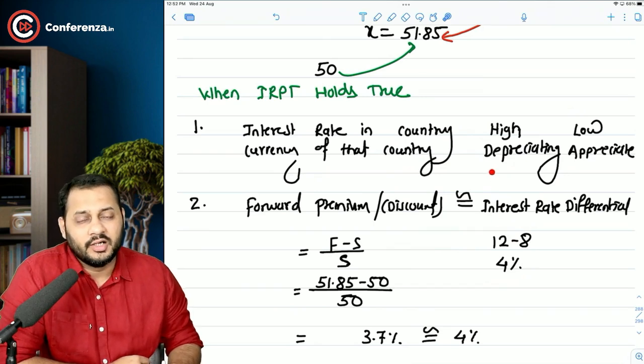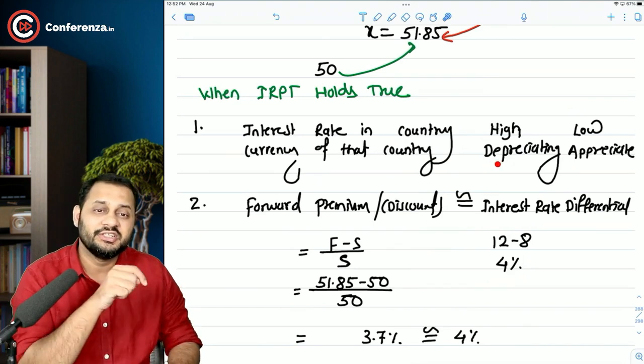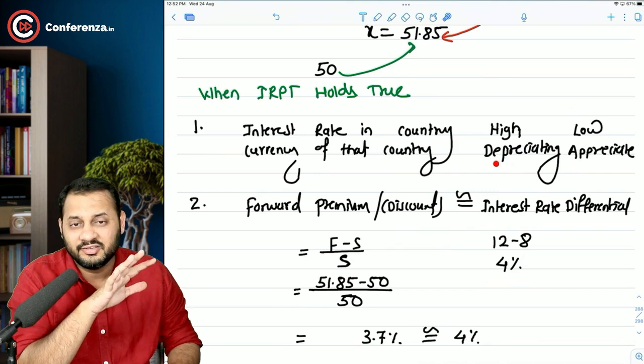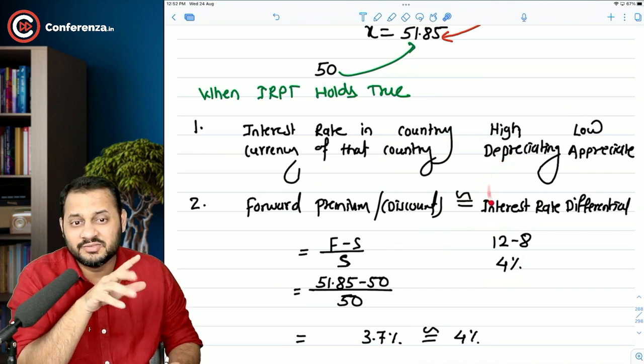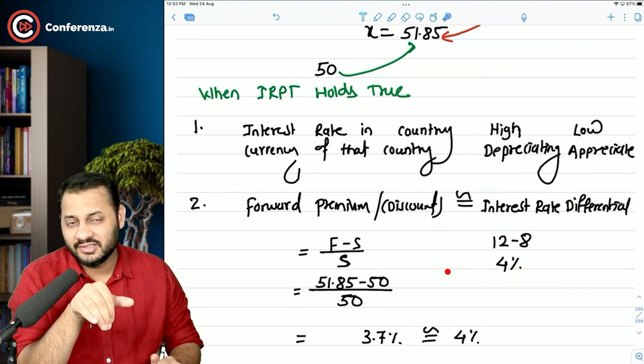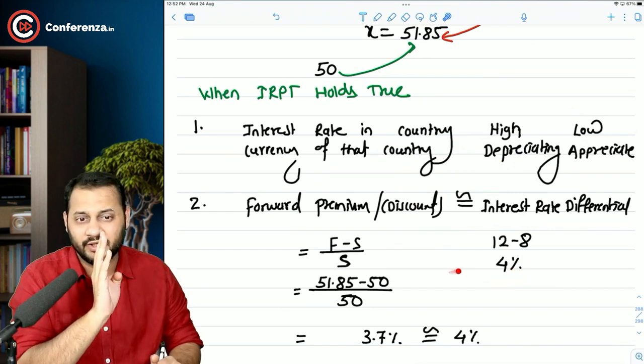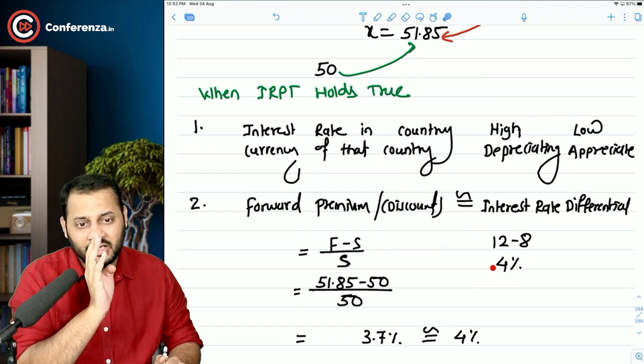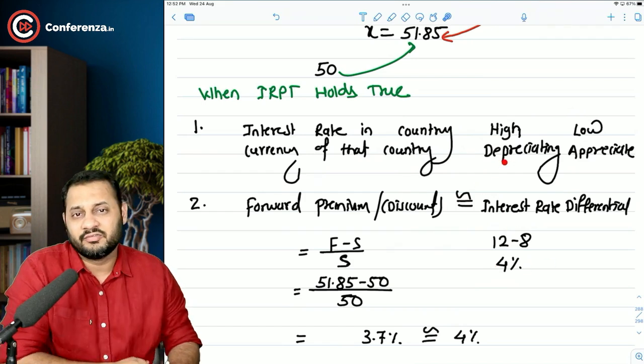So, understand. Now, let's take an example that the depreciation in Indian currency is 5%. It is more than the interest rate differential. Earlier it was lesser than the interest rate differential, then it came to equal, now it is more than the interest rate differential.